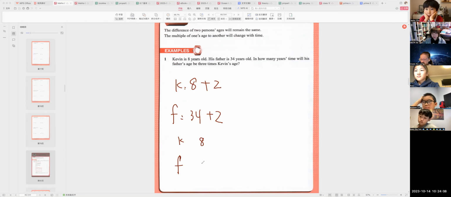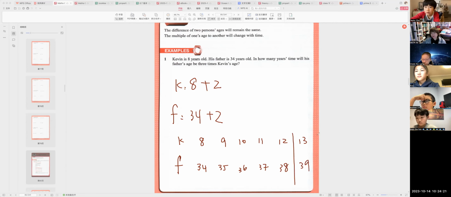Kevin is 8 right now, father is 34. So 9, 35, 10, 36, 11, 37, 12, 38, and 13, 39. Get it, Ava? So at this time, daddy's age is 3 times Kevin's age. So you can see 1, 2, 3, 4, 5. Okay, 5 years later.